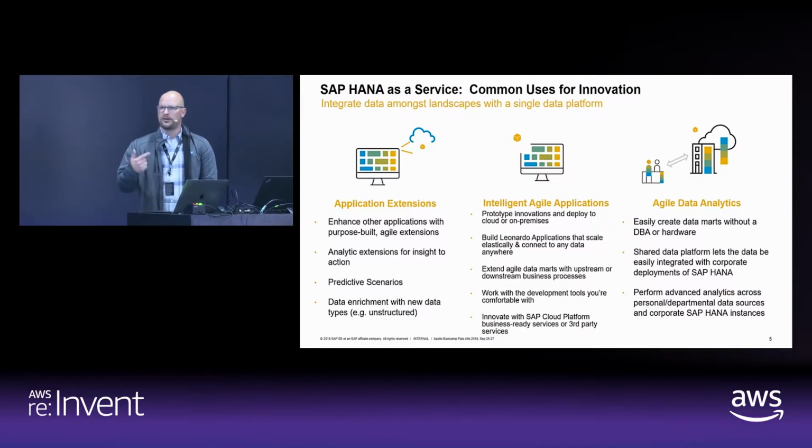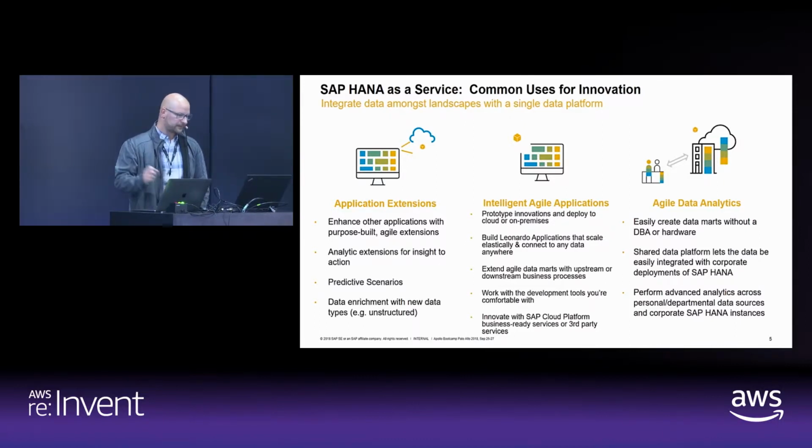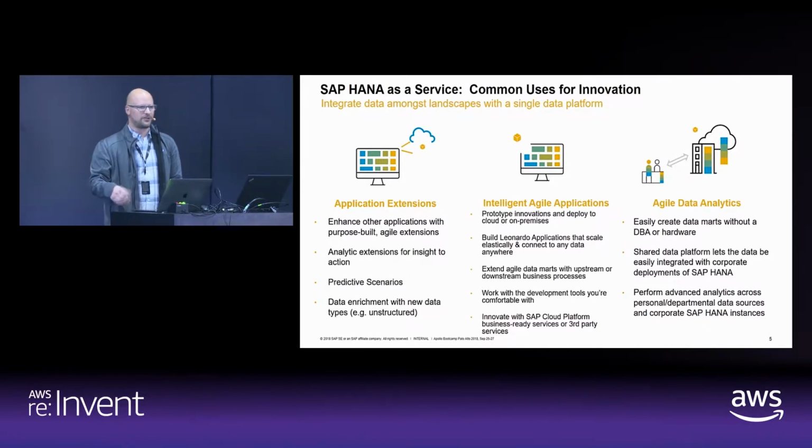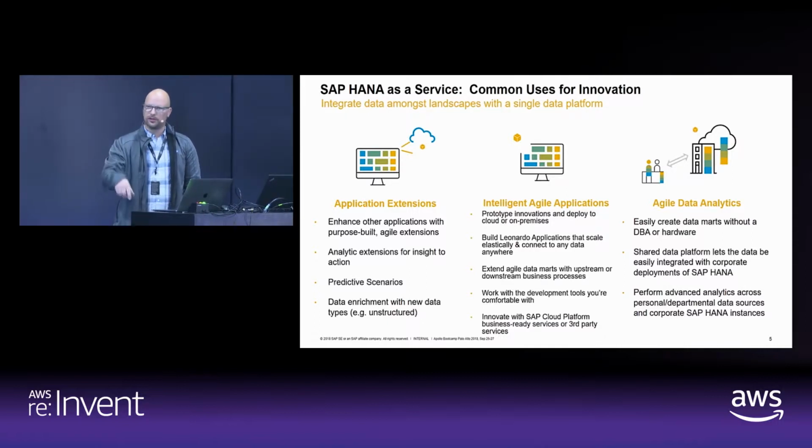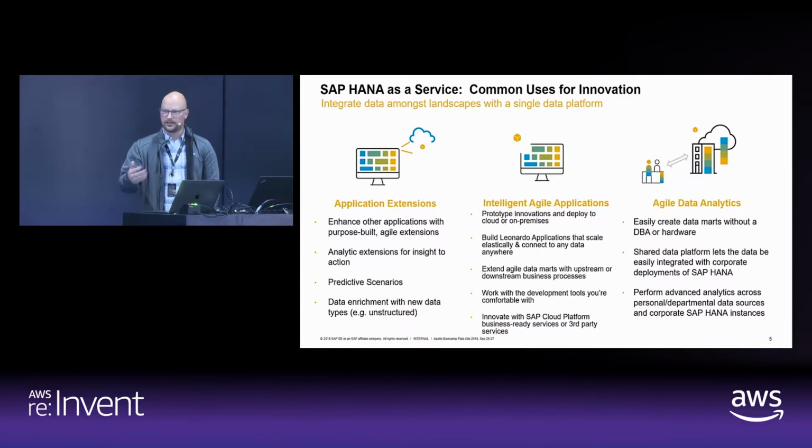So quite often those application extensions now run on the new HANA service. Intelligent agile applications, to keep it nice and simple, those would be brand new applications, applications you build in the cloud using machine learning, using a bunch of different techniques and technologies.